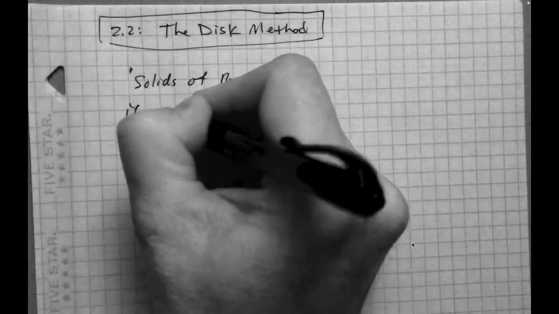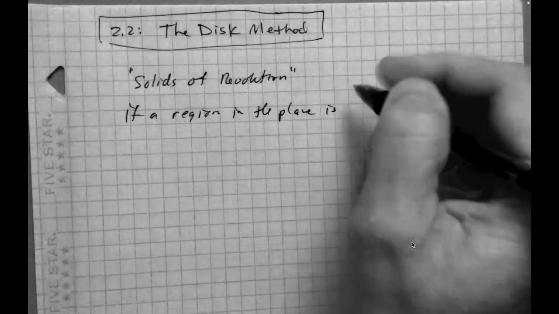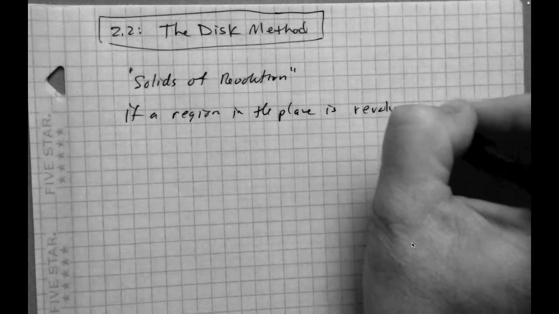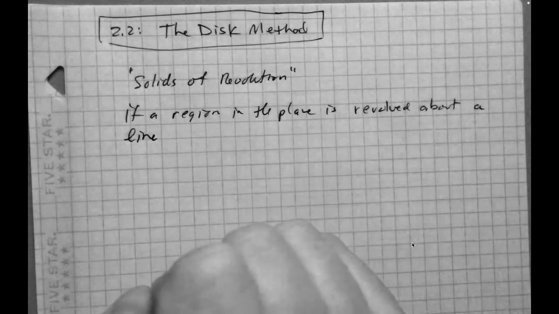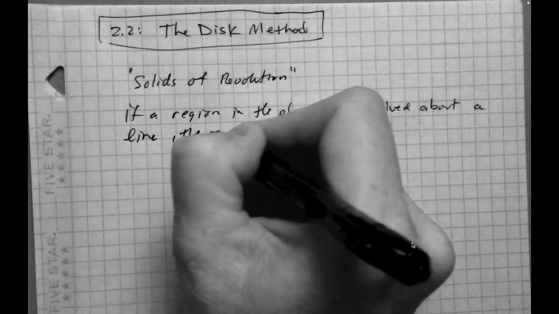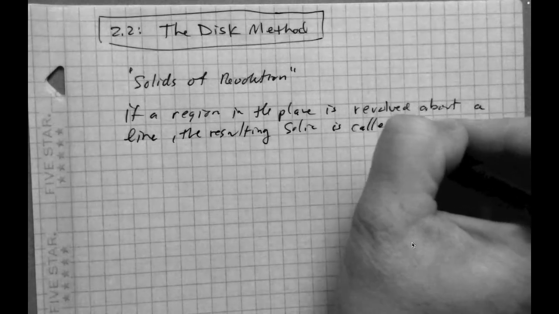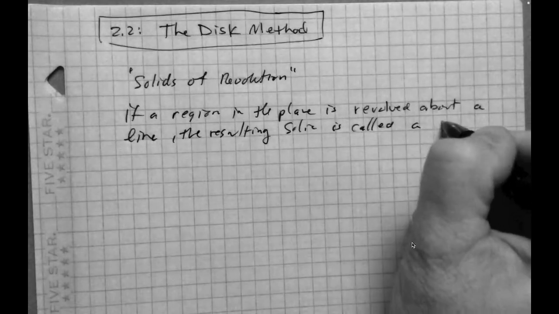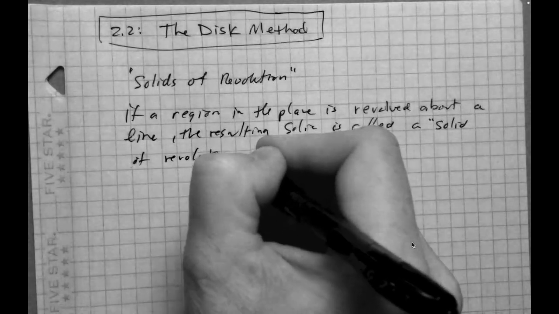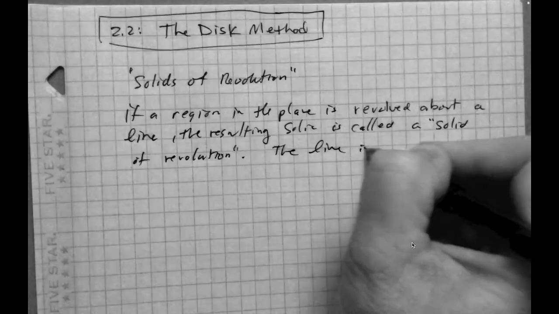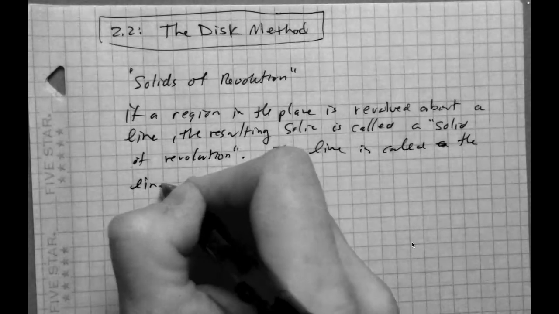So if a region in the plane is revolved about a line, the resulting solid is called a solid of revolution, and then the line is called the line of revolution.